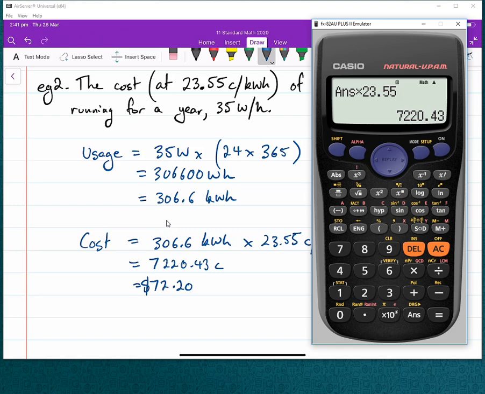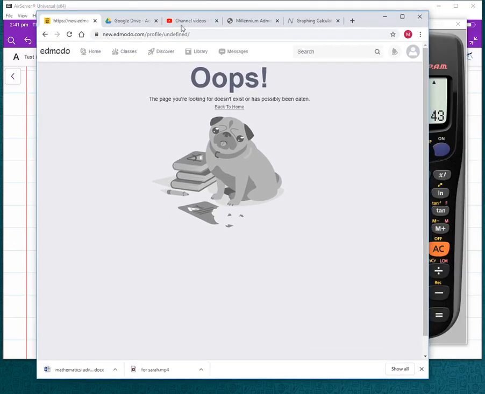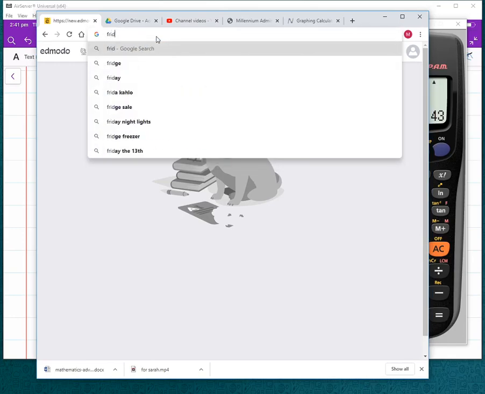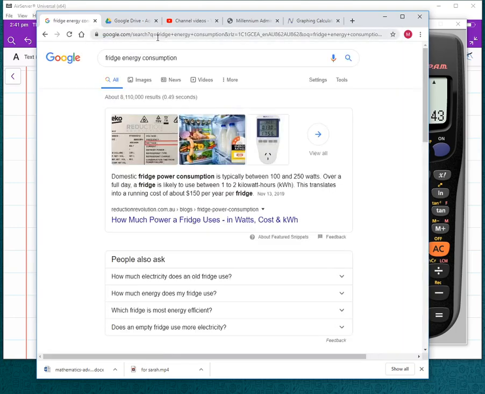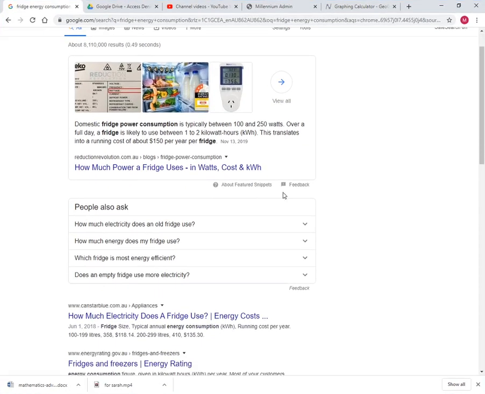Now let's have a look and see if that's actually what happens. I got 306 kilowatt hours. So let's look up fridge energy consumption and see what it actually is. Obviously, all fridges are different, depending if it's old or new.